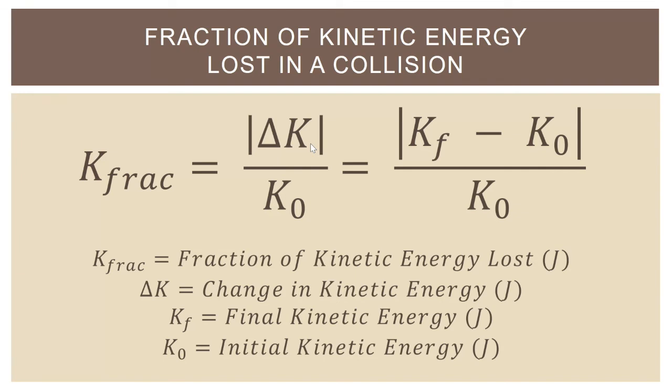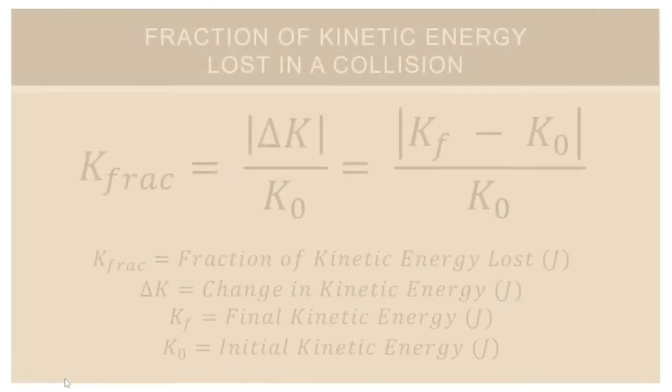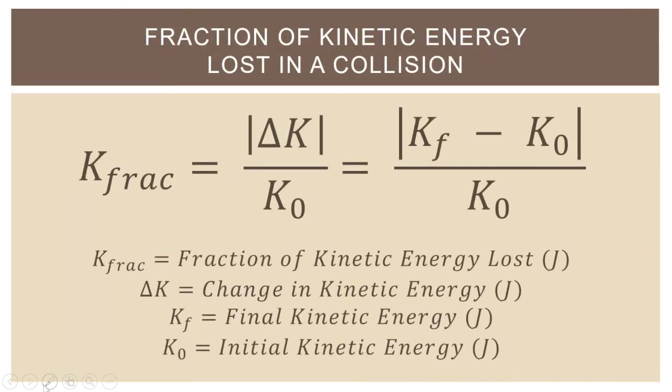The last thing to say here, which would probably be an important side note, because they have been known to ask about this on the AP test from time to time, you should just go ahead and write here. Sometimes they ask for the percentage of kinetic energy lost.